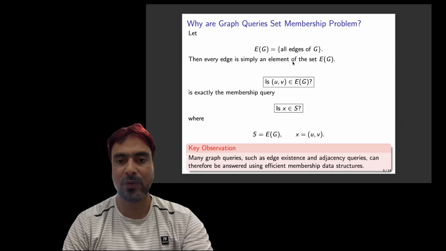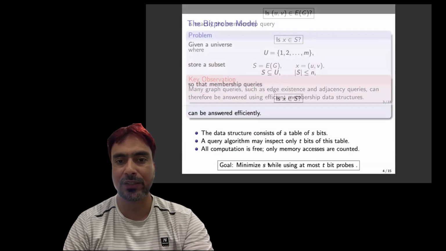So it's a membership query, same as given a subset S from a universe of size M, we want to store it and answer whether X belongs to S or not. Here S is equal to EG and X equals UV. So many graph queries, such as existence and adjacency queries, can therefore be answered using efficient membership data structures.